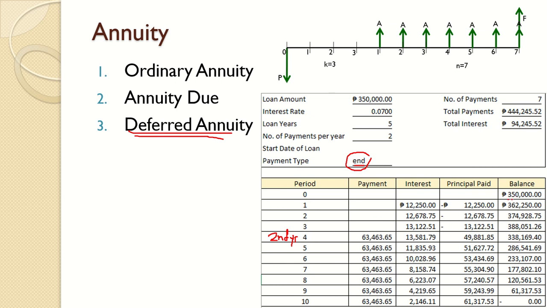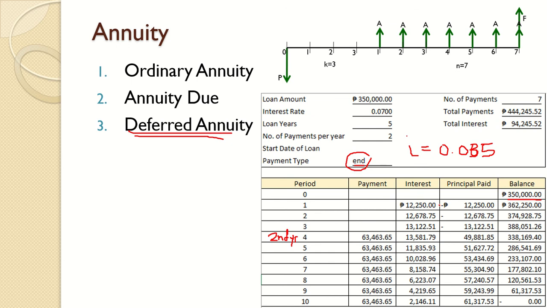So the borrowed amount is 350,000. Interest rate is 0.7. So our I here is 0.7 divided by 2, that's 0.035. Okay, so that's 3.5%.